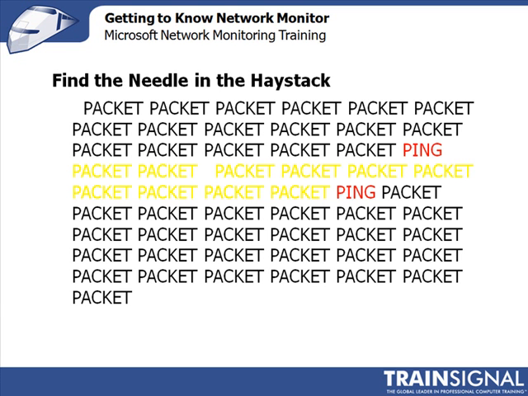When it's done and I had the error message on my screen, I would ping the server again. This way, I'm using ping packets as bookmarks in my network trace. So now, even if I have 10,000 frames in this one capture, I can quickly and easily go find the packets that I'm interested in troubleshooting. So always try to use ping packets just to bookmark where you are in that network trace.